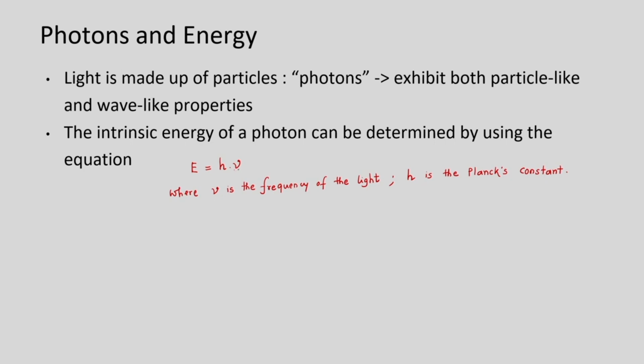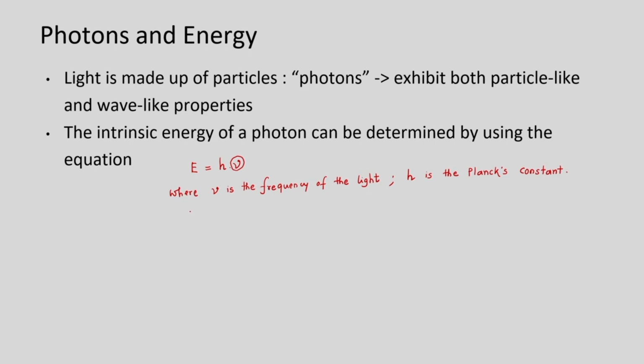Now, we have the frequency of the light. Every light wave also has lambda, its wavelength. What is the correlation of the wavelength with the frequency of the light with respect to the speed of light?